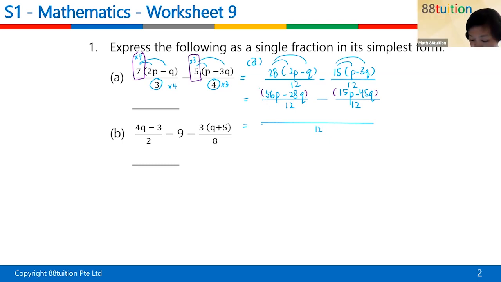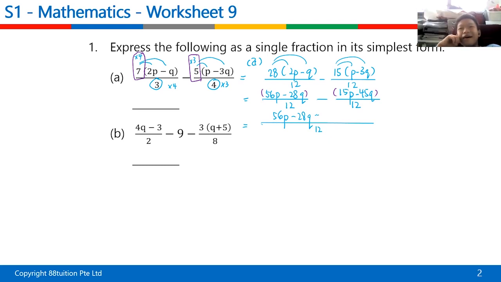Don't worry. So I have 56p. I copy minus 28q. What is my next step? Give a try. It's okay. I have to minus the bracket, right? Yeah.